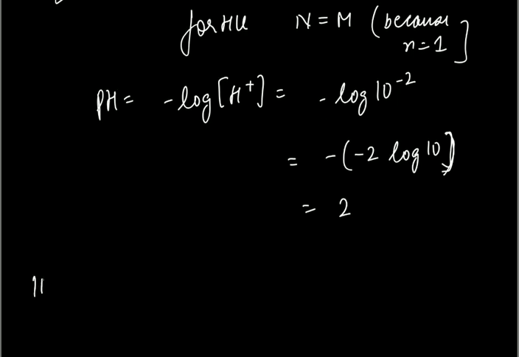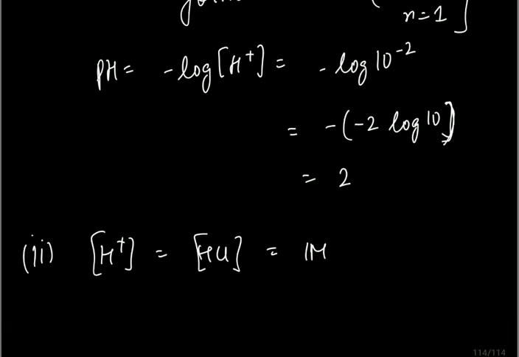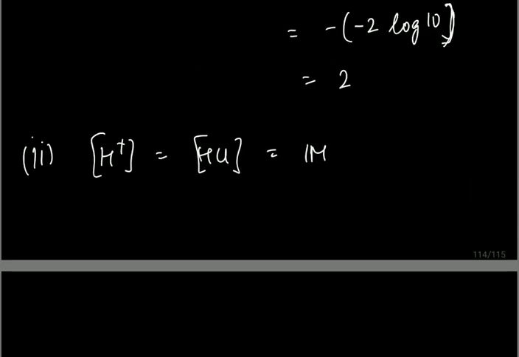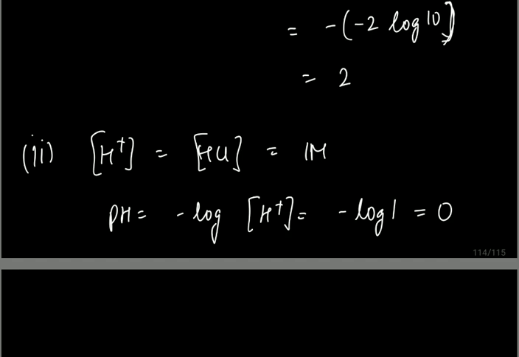Then if you go to the second question, again for HCl, the molarity is given 1, so we can take it as 1 normality also, because molarity and normality are the same for HCl because it's a monobasic acid. So pH is equal to minus log of H positive ion concentration. So this will become minus log 1, that's equal to 0. That means it's a strong concentration according to the pH scale, right?